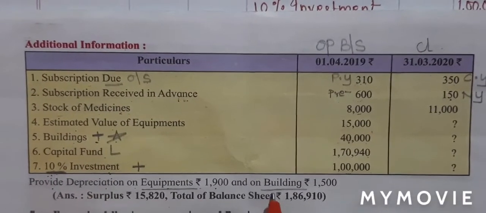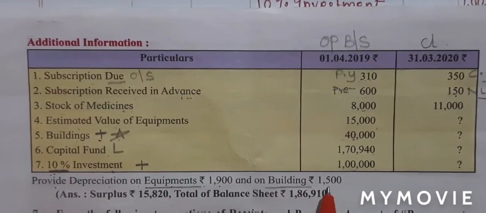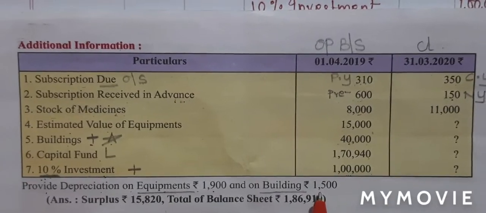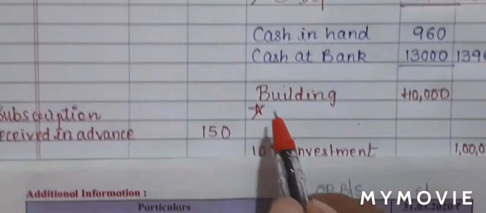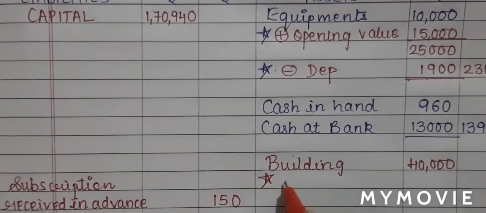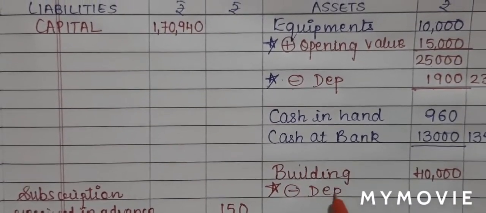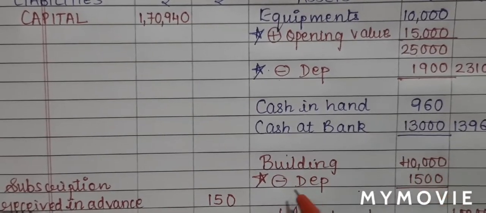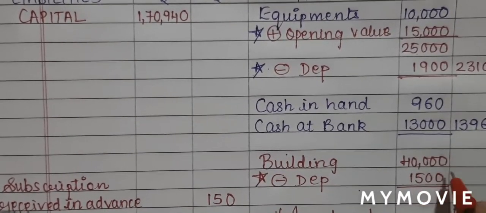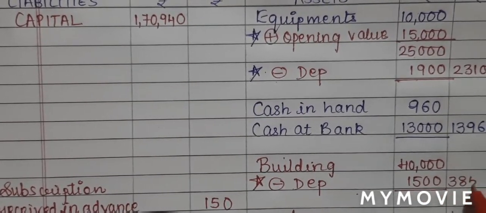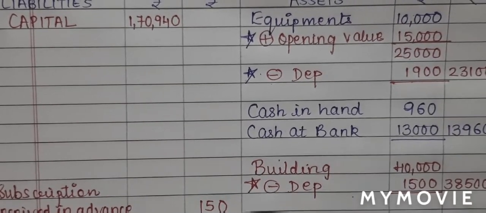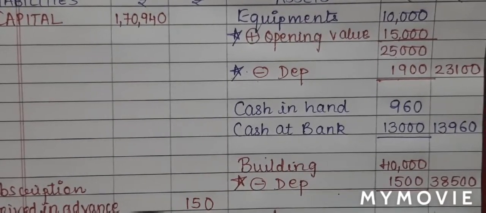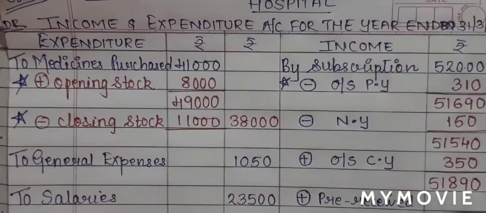Next is depreciation on building rupees 1,500. So let's do the first effect. So I have building, I'll say less depreciation 1,500. So 40,000 minus 1,500 will give me 38,500 in the outer column. This is my first effect for depreciation on building.